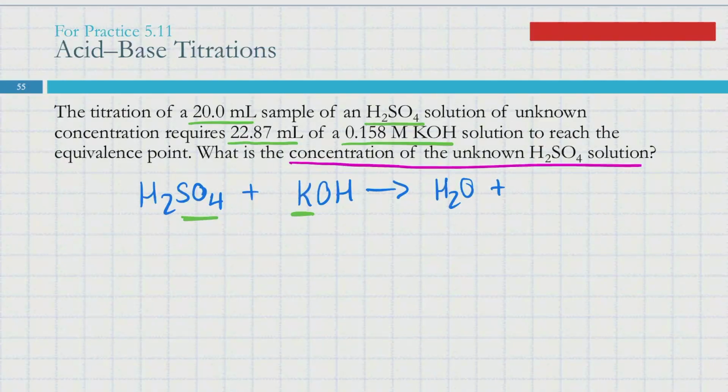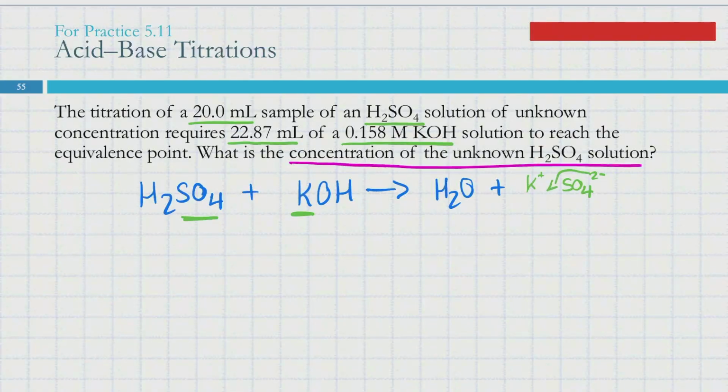What's the charge on potassium when it's an ion? It's a 1 plus. So K plus. What's the charge on sulfate? 2 minus. So we've got SO4 2 minus and K plus.